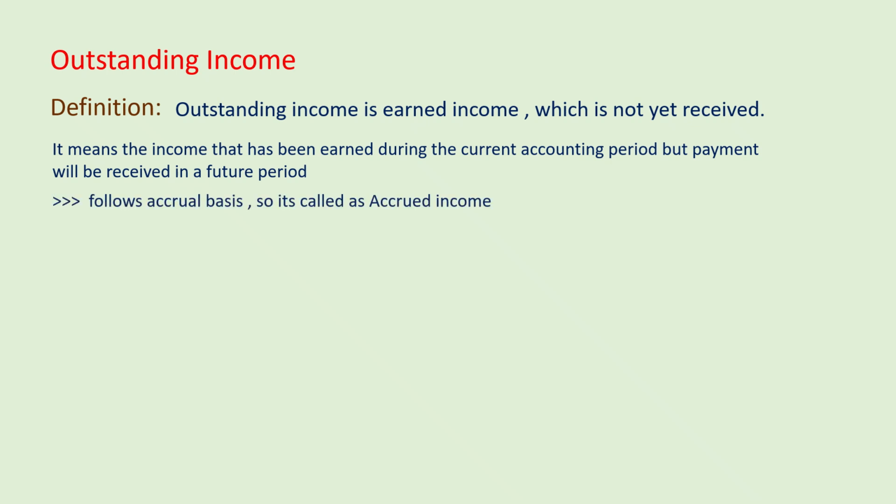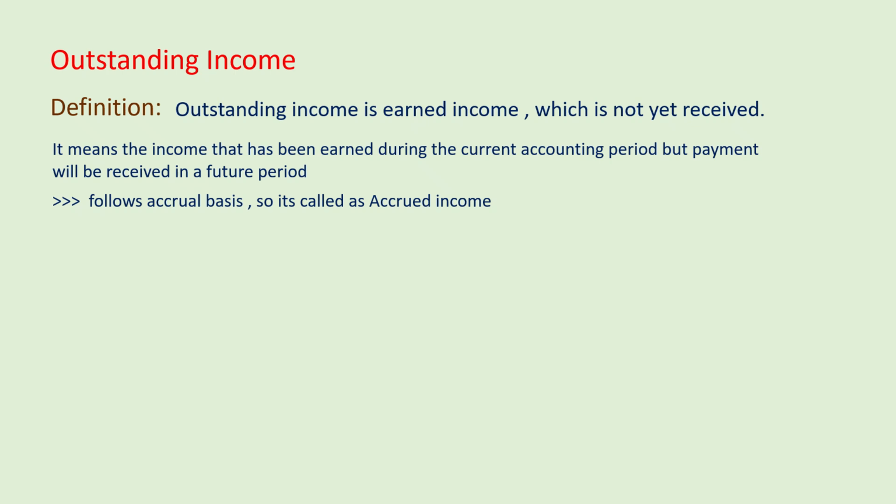It follows an accrual basis. What does it mean? Accrual basis means that whenever the revenues and expenses are incurred, they have to be entered, not when exactly cash is received. It's not mandatory that the transaction is entered only when the cash is received.